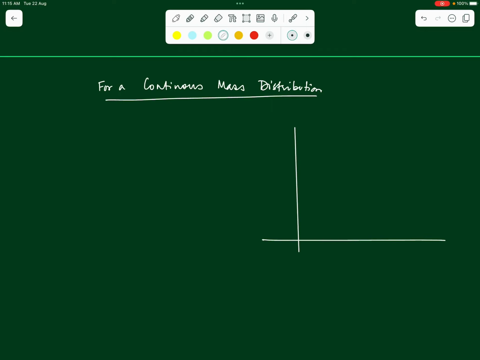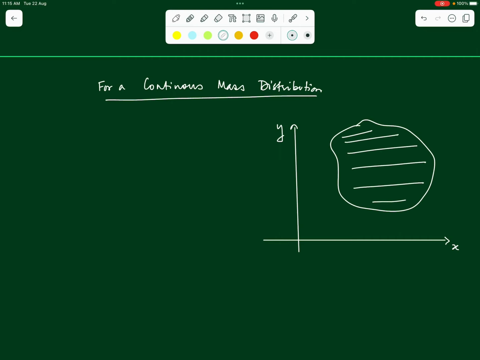For example, let's say we have a body, any irregularly shaped body, which is like this. Now the mass is distributed everywhere on the surface of this body, let's say. How do we find out the center of mass of this body? We have to divide this body into many small masses, which we can consider as point masses. So for example, if we take a small mass over here, this mass has a value of dm1.